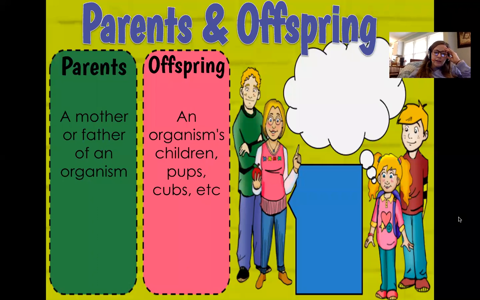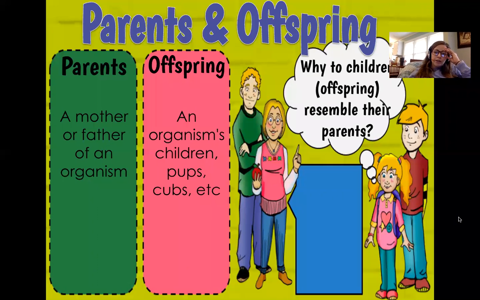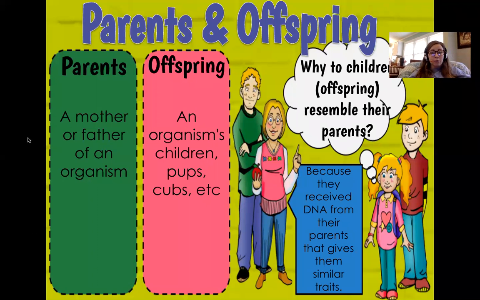All right, and then lastly, why do children or offspring resemble their parents? You guys explained that to me perfectly earlier when we were talking about the kittens. It is because they receive DNA from their parents that gives them similar traits.